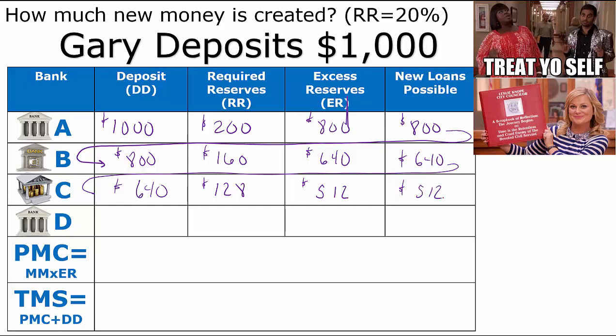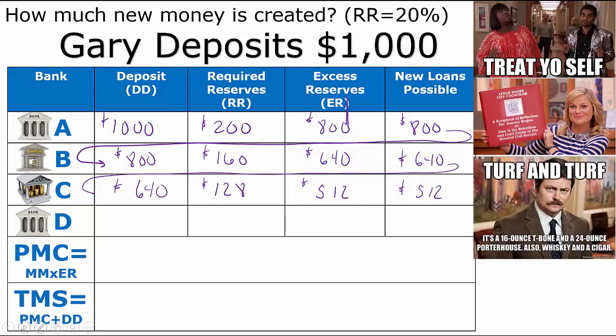Now, one thing that I haven't talked about yet is a description of how all these loans end up making the money supply bigger. So can I pause for a second and show you something? Remember, the money supply is currency plus demand deposits, which are checking accounts.